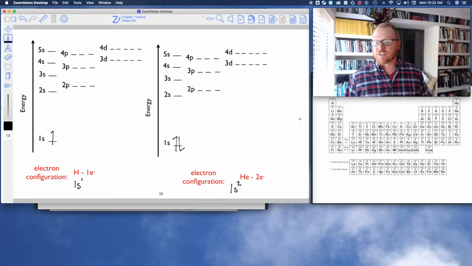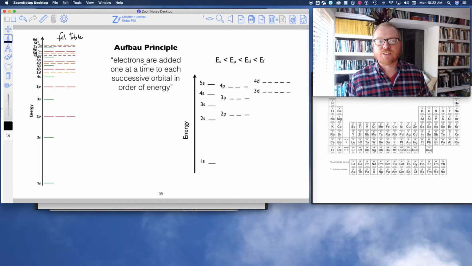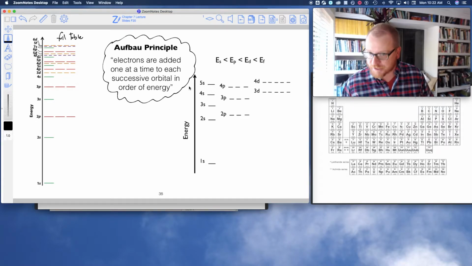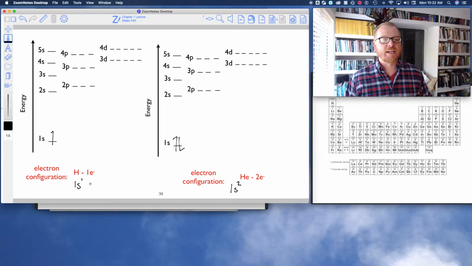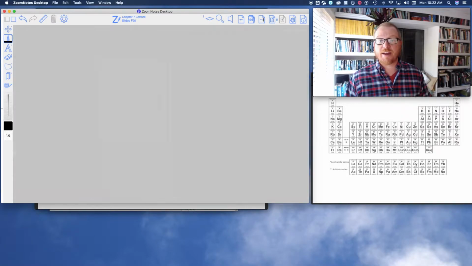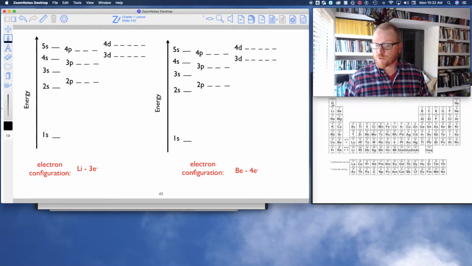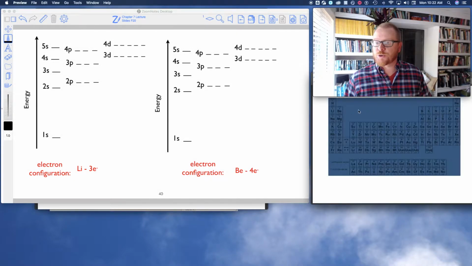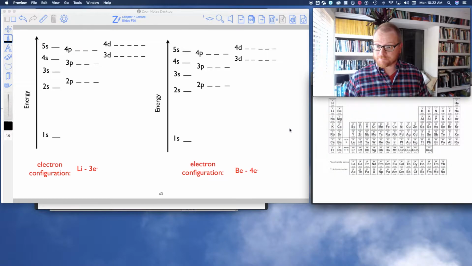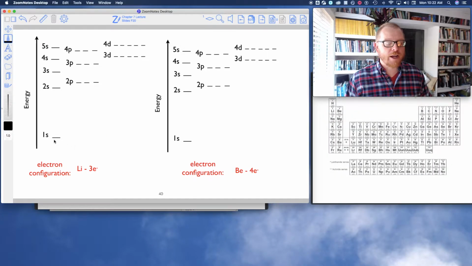I'm just going to keep going through examples, and all we do is keep populating them based off the Aufbau principle: electrons are added one at a time to each successive orbital in order of energy. We did hydrogen 1s1, and helium 1s2. What's going to come next is lithium, with 3 electrons: 1, 2, 3.